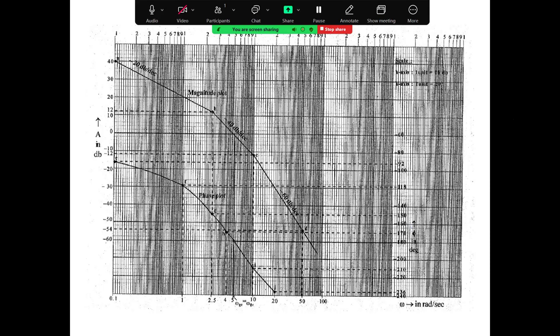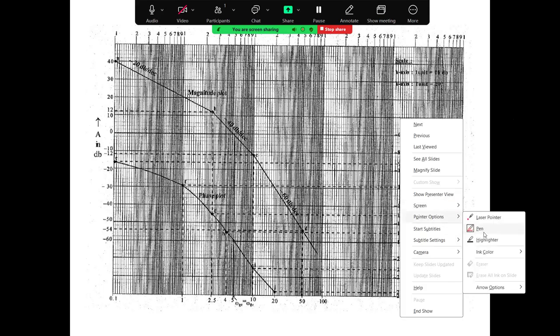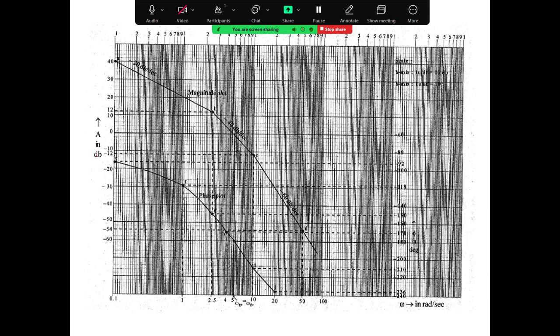Simply, across the 0 decibels line, we extend that line and it will touch the magnitude plot at some frequency, right? What is the corresponding frequency? Simply extend this line towards the frequency. Exactly, it will touch at a frequency of 5. That is, at omega GC the magnitude is 0 decibels. Then the frequency of 5 radians per second is known as the gain crossover frequency.